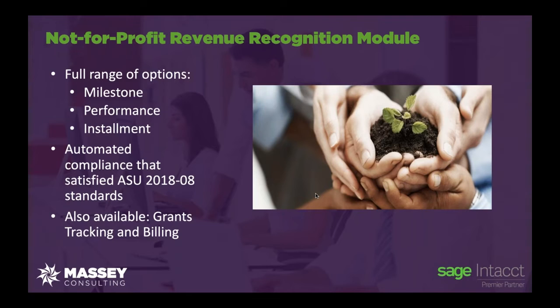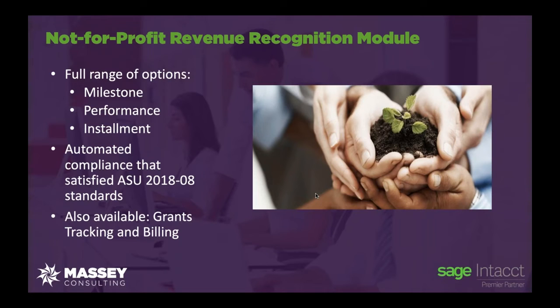They've taken the revenue recognition module. They've looked at them and they've adapted them again for the subtle nuances of the not-for-profit market space. A little bit of different tracking here, a little bit of different revenue recognition there based on the different standards, but they took the base of what they already had and they adapted it to work well in the not-for-profit arena.